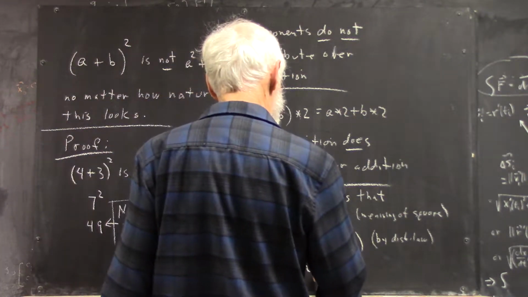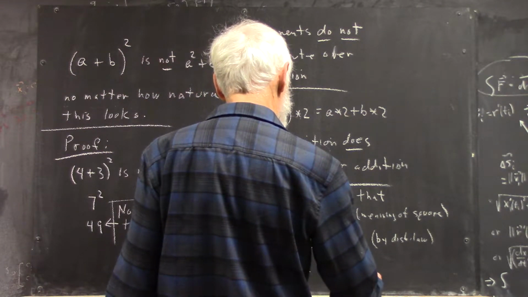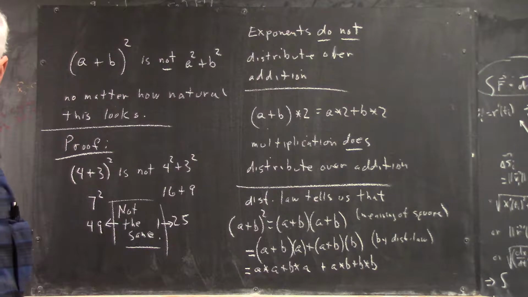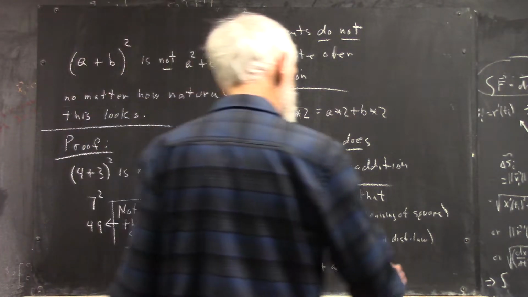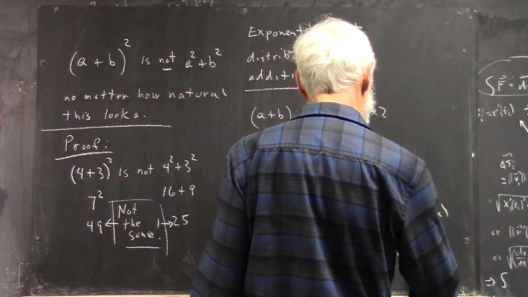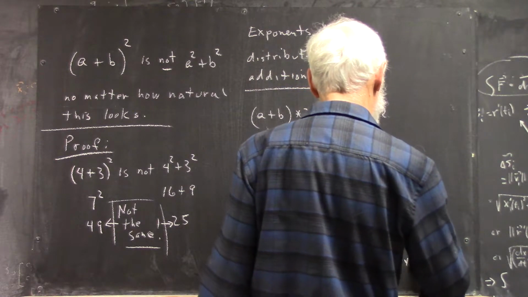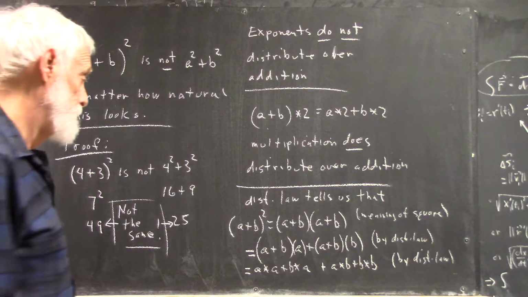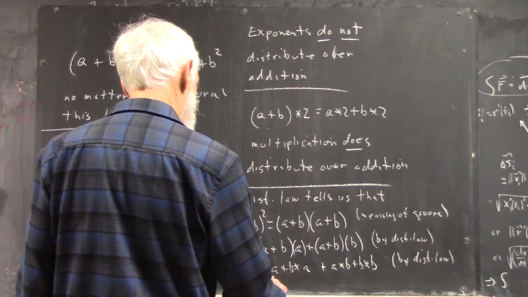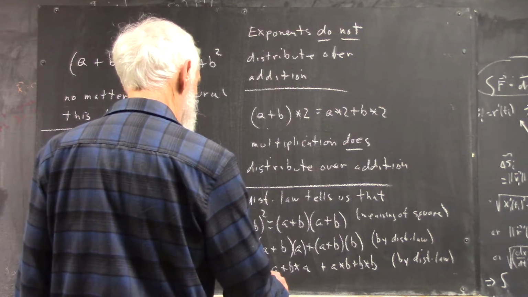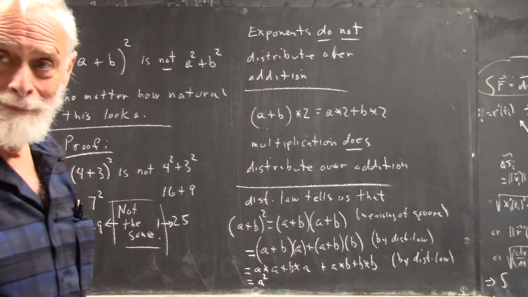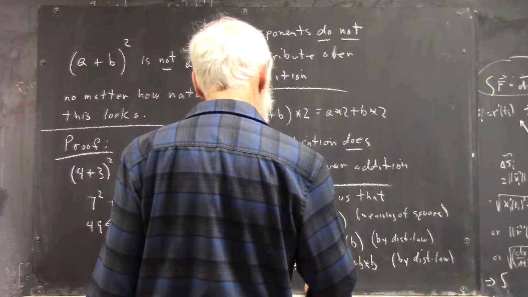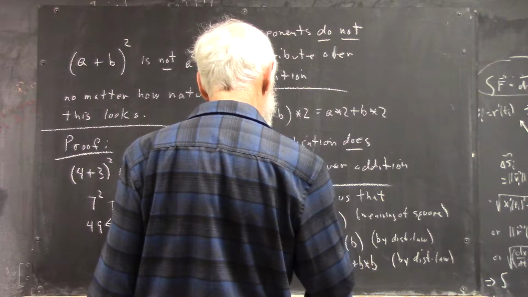And then this is a times b plus b times b, okay? And that's by the distributive law, okay? I don't have room to write out every step, but I can write out the last result and wave my hands over the rest. A times a is a squared, right? B times b is b squared, okay?